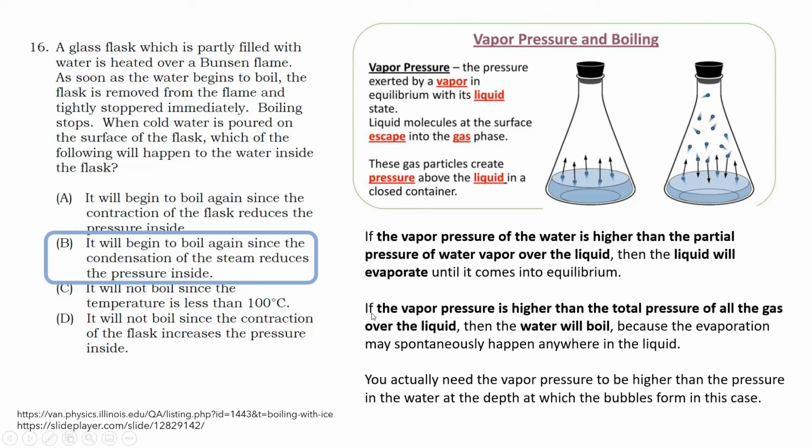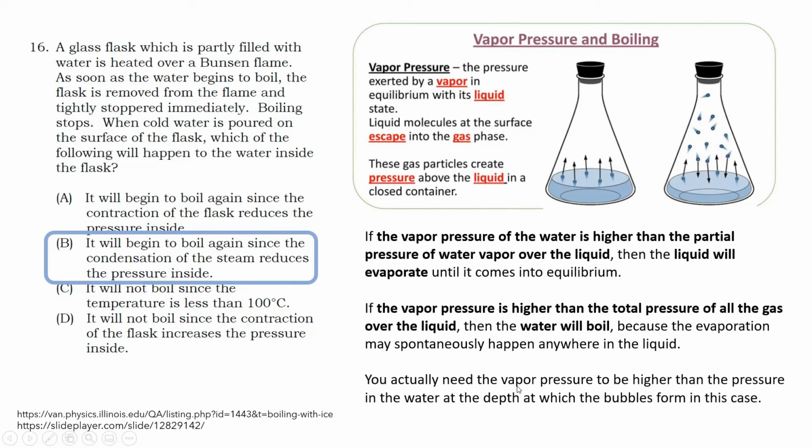And then, after that, if the vapor pressure is higher than the total pressure of all the gas over the liquid, then the water will boil because the evaporation may spontaneously happen anywhere in the liquid. So, yun yung cause ng boiling. Kapag yung vapor pressure, mas mataas siya dun sa total pressure ng lahat ng gas na nasa ibabaw ng liquid.